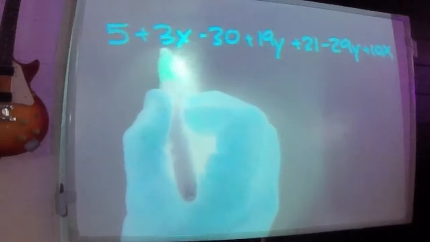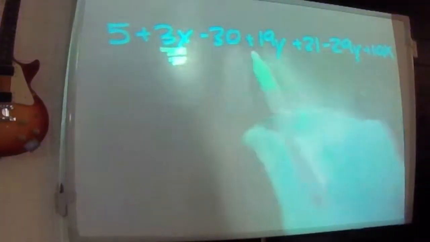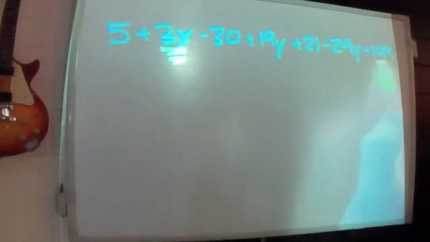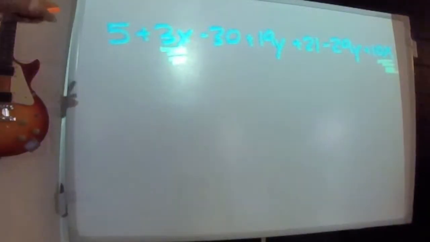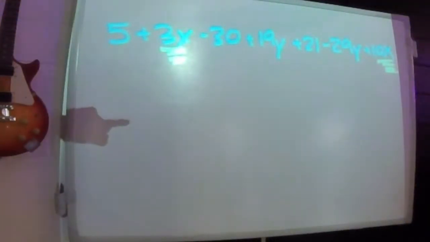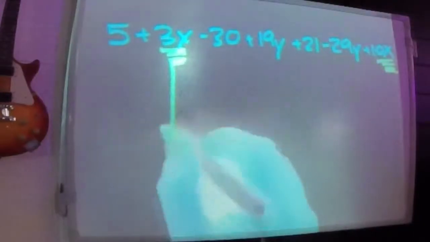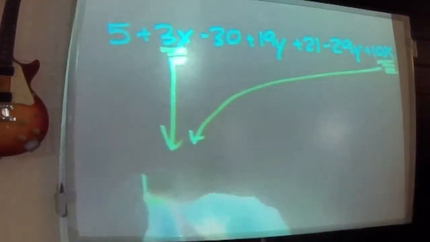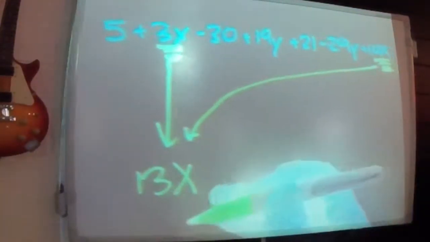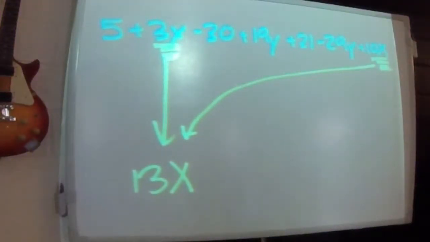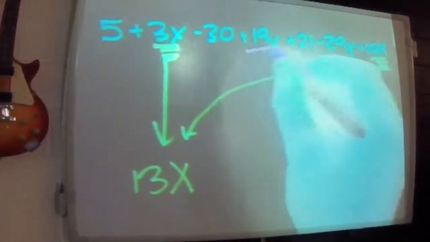So, 10 and 3. X piece, 10 and 3. And these are not X pieces. All right, so we got 3x and 10x. 13x. Okay, then let's put together your y's. 19 and 29. 19 and 21. Negative 29.